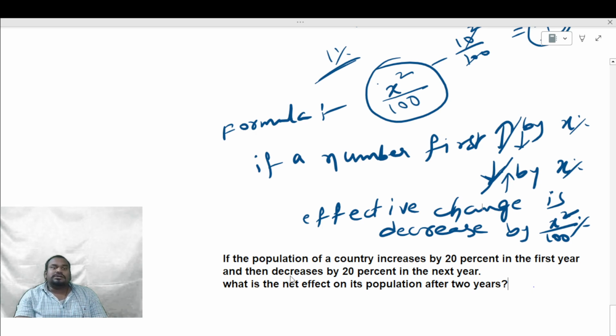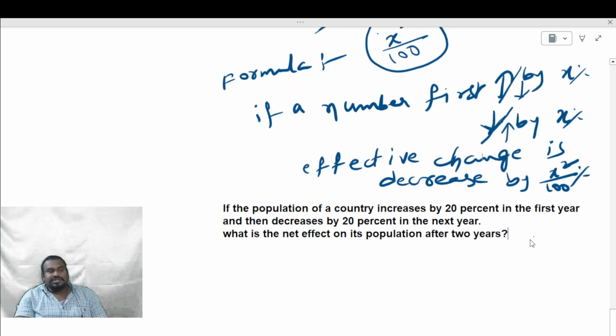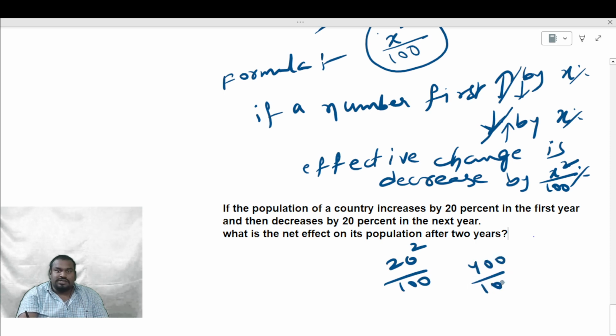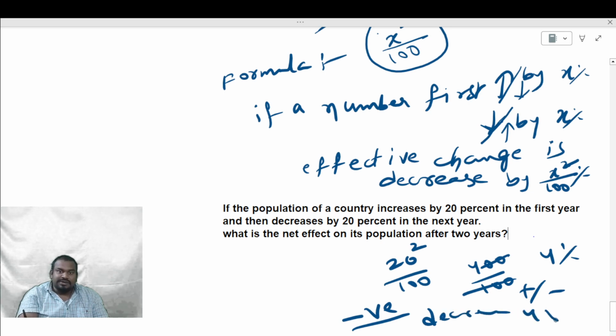What is the net effect on the population after 2 years? You don't need to use x plus y plus x into y by 100. If it is a different percent, you have to use that. If it is the same percent, you just do it with a single formula, that is 20 square by 100, which is nothing but 400 by 100, that is 4%. Plus or minus, definitely it is negative, so the net value will be decreased by 4%.